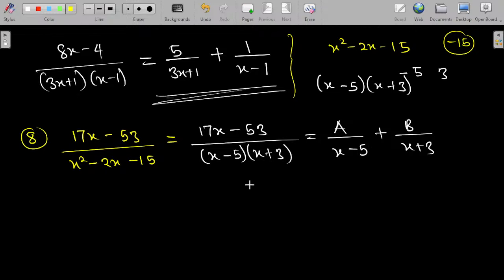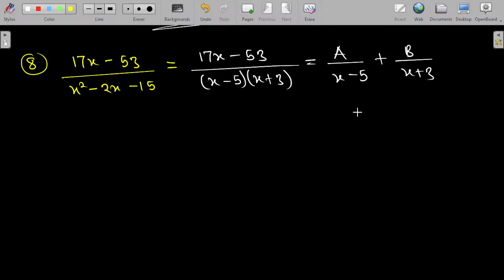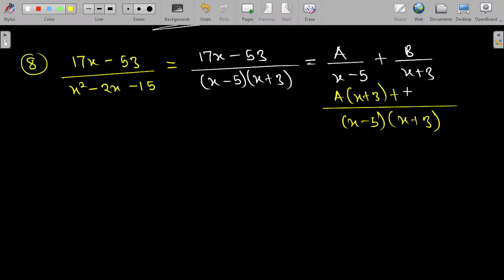My job now is to get the value of a and that of b. Is that something we can do? And the answer is yes. We have always been doing that. So you take our LCM like usual. LCM is still x minus 5 into x plus 3, and then of course x minus 5 will cancel. You have a into x plus 3, and then plus b will go into x minus 5.